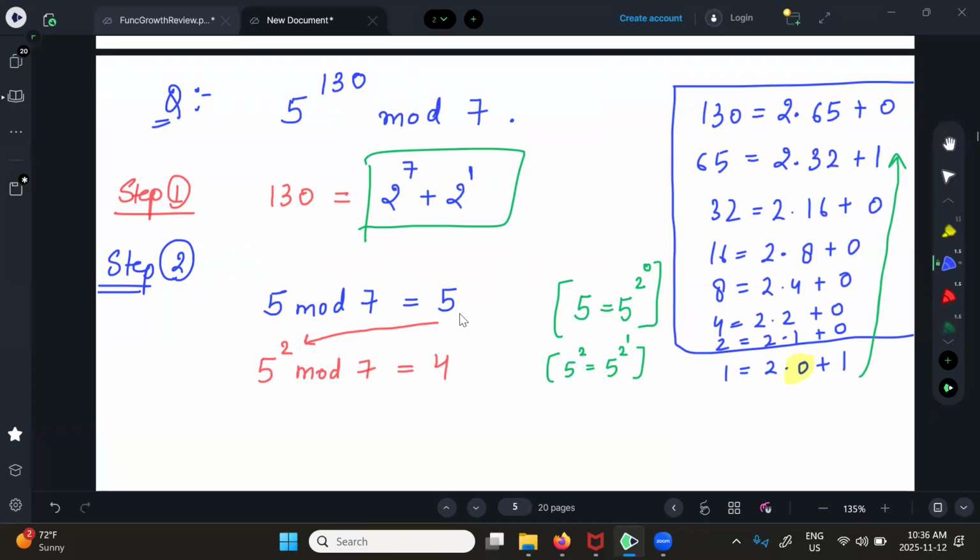Now, next we move this thing and square it. What is 4 squared mod 7? No, it would be 2. Okay, make sure you double check your math, okay? It's 2. I am relying on you, so you better give me correct answers.